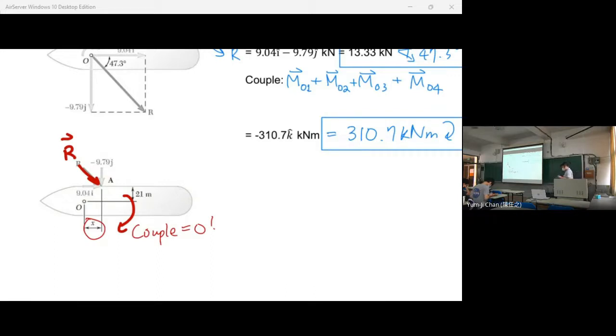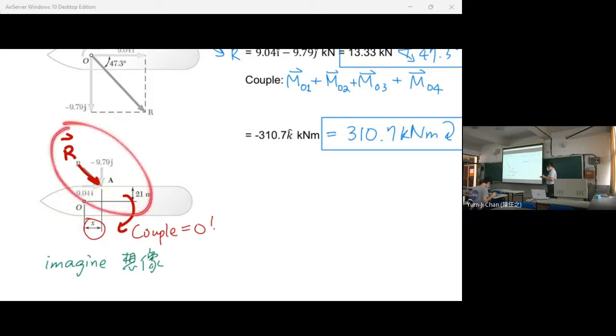Now let's say this point exists, and we imagine this force at A is moved to point O. We know that this is R, and we know the force couple system about point O.